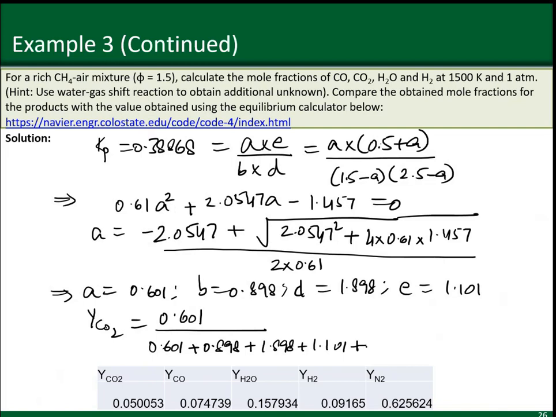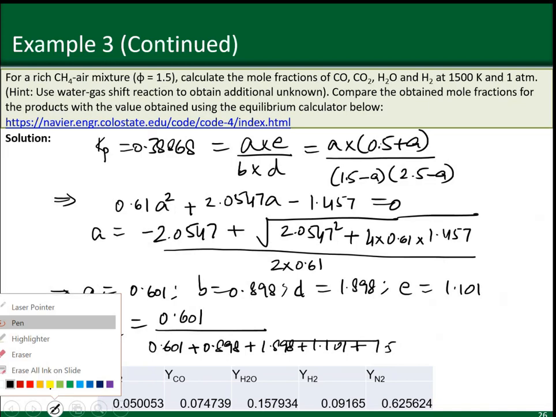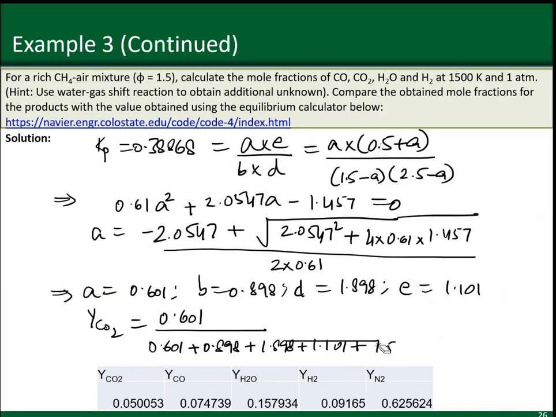We should not forget nitrogen, right? Nitrogen is also part of the ultimate product side that we have. It does not take part in the reaction, but it's still there. So you've got to include that.